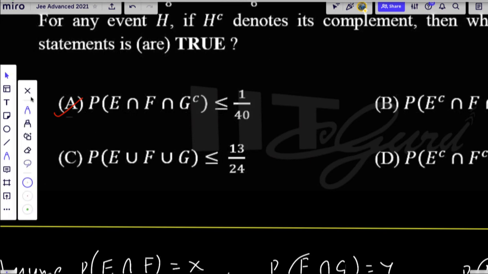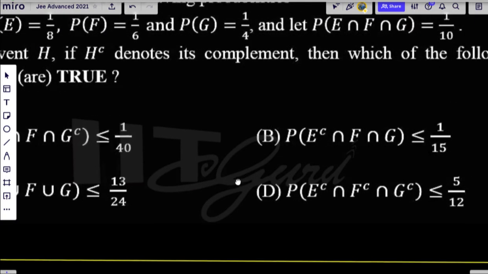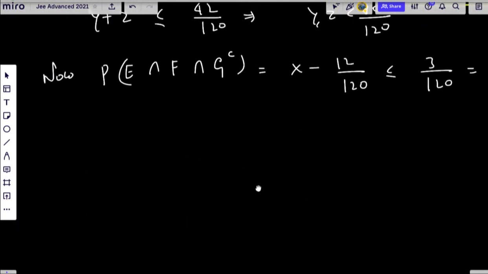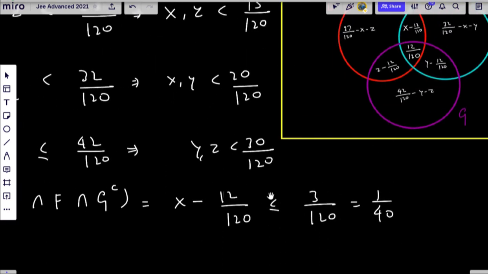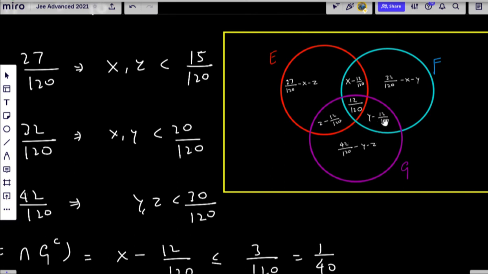For the second option, let's say E complementary intersection F intersection G. So for this probability, it is y minus 12 by 120, no? Y minus 12 by 120.